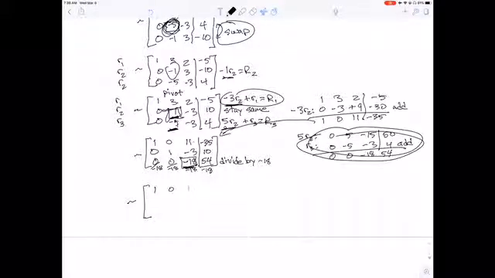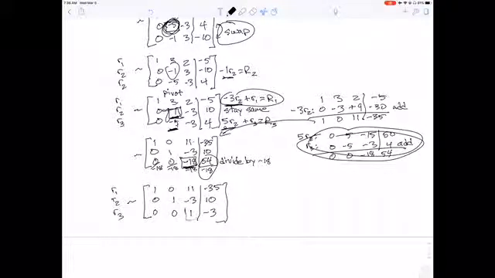So let's copy the first row over again as is, and copy the second row over again as is, no changes. But now the new third row will be what I get after dividing by negative 18, which would be 0, 0, 1. 54 over negative 18 works out to be a nice clean negative 3.